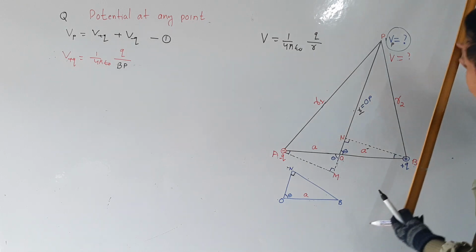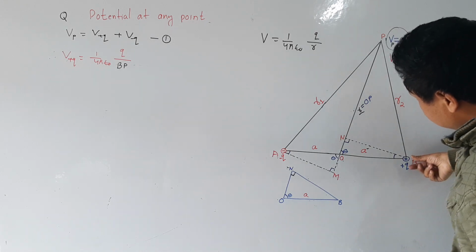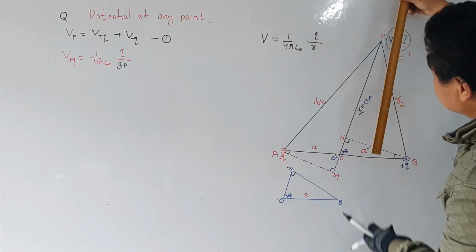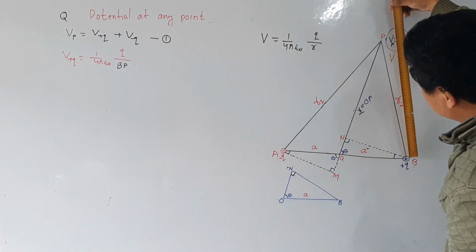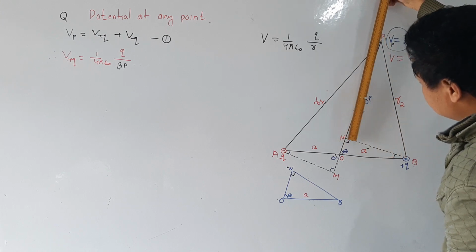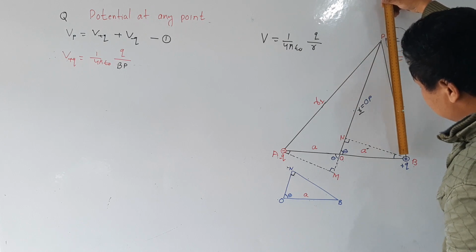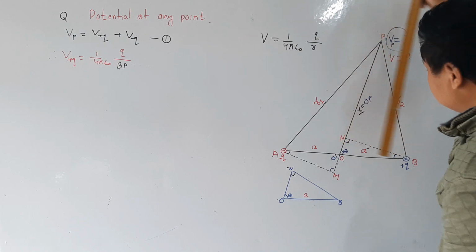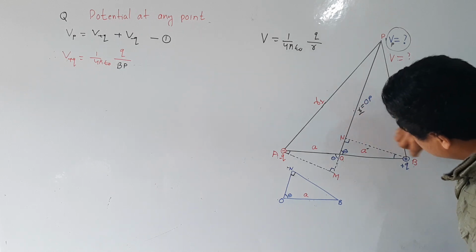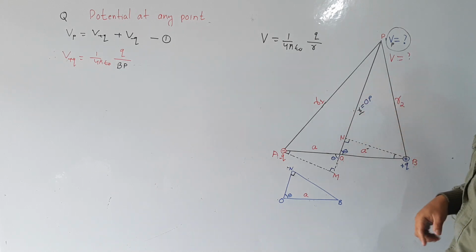Now it is very simple. You hold it like this and move it like a pendulum. So if it is at B, whenever you hold it and swing it like this, what is happening? From B, it is going and reaching N. It is very simple. You hold it and swing it like a pendulum.